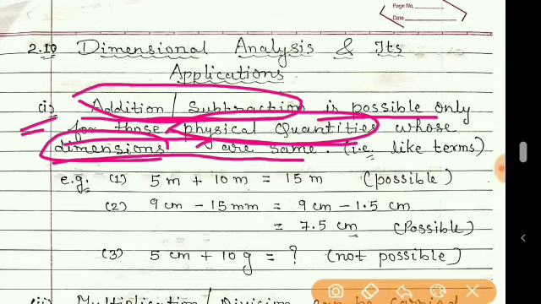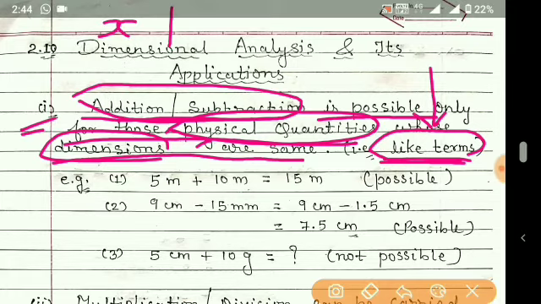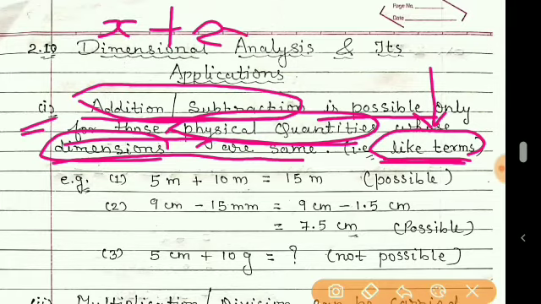That means it is similar to the mathematical operation of like terms. You have studied till 10th standard that addition or subtraction is carried out only between the like terms. Means if I want to add x plus 2x, then it is possible. The answer is 3x.